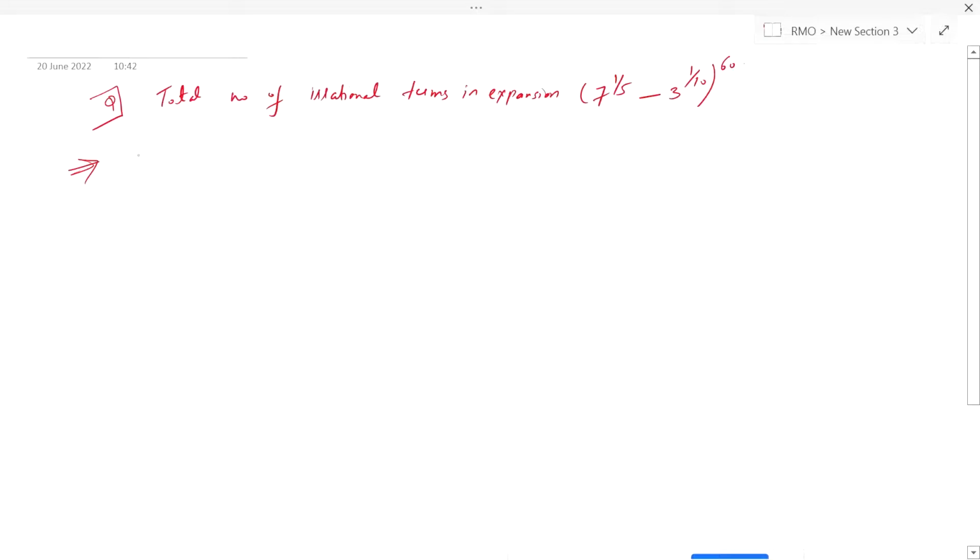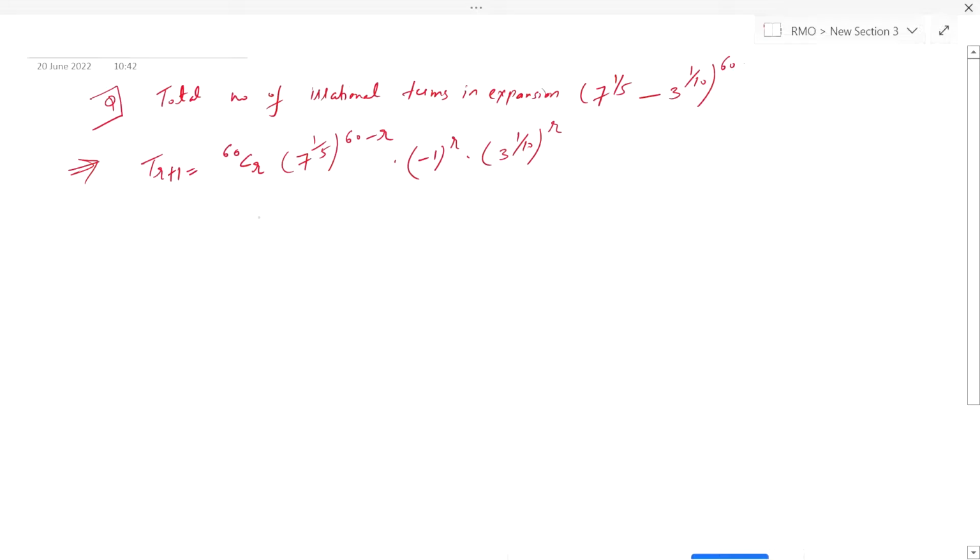Okay, try. Let's get the general term. So it will be 7 raised to 60 minus r by 15 and 3 raised to r by 10.